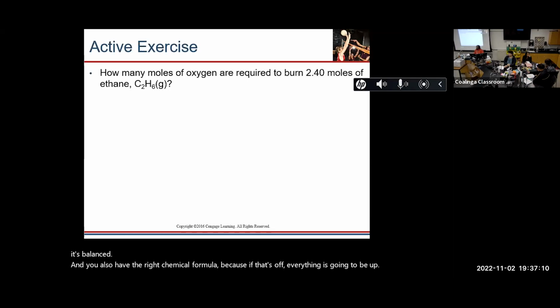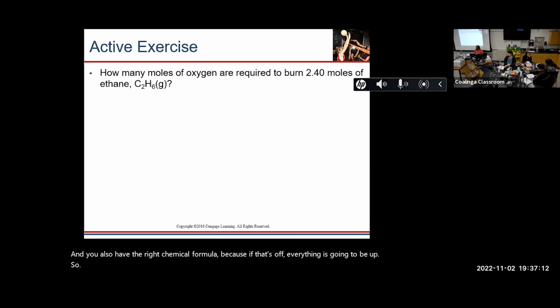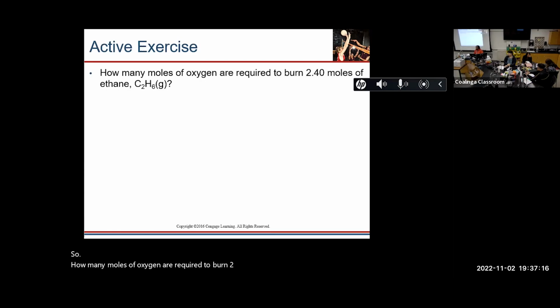Okay. So how many moles of oxygen are required to burn 2.40 moles of ethane? So we know that this is what type of reaction? It's a combustion. Okay, so the first thing we want to do is write out the chemical reaction.